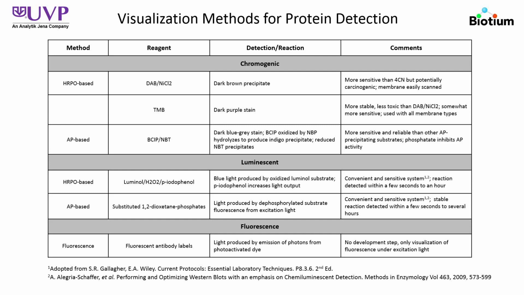However, the trade-off between low cost and straightforward techniques such as chromogenic development is that they are not particularly sensitive and they do not have a wide dynamic range. Some of the more popular reagents for this include diaminobenzidine, nickel chloride, and TMB for the horseradish peroxidase, and BCIP, NBT for the alkaline phosphatase techniques.